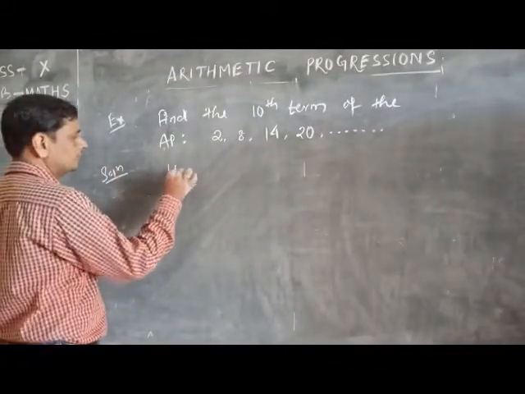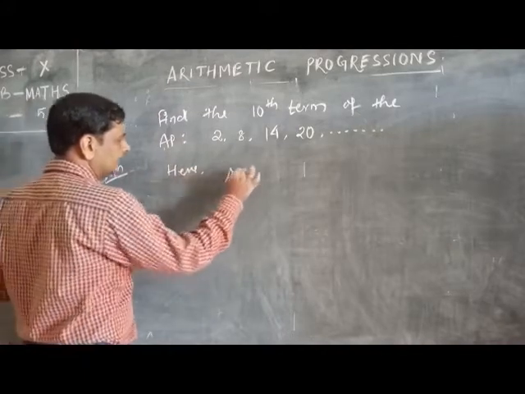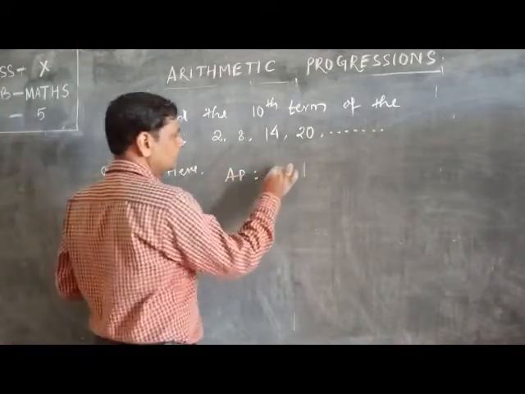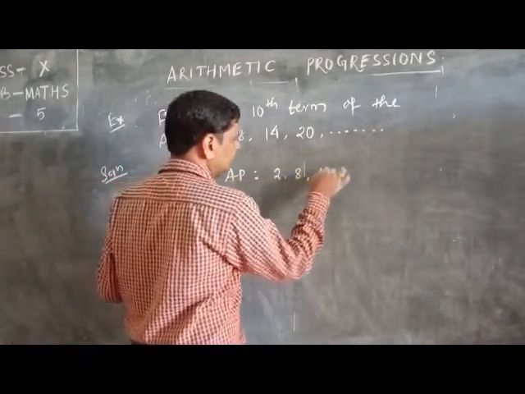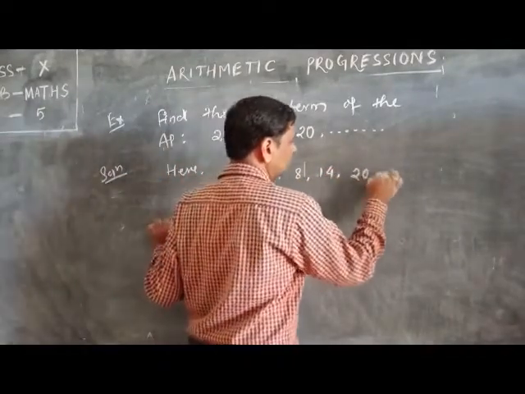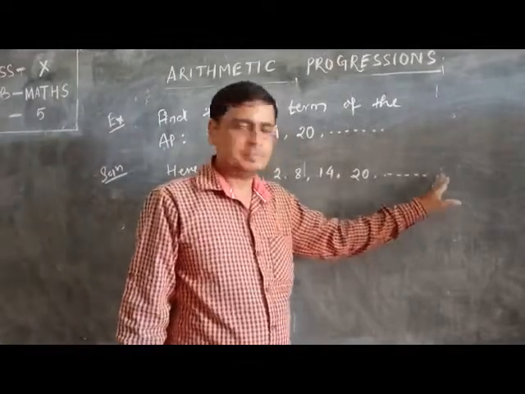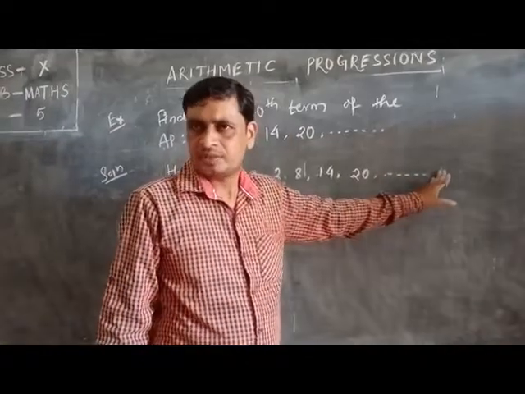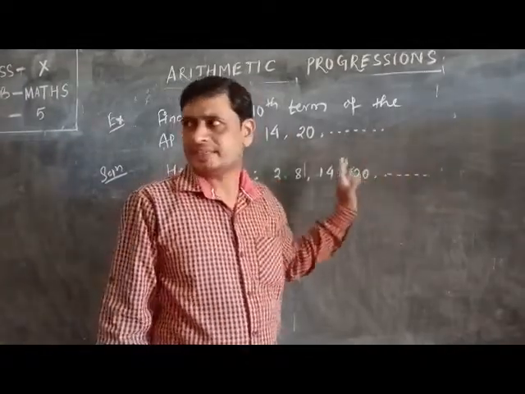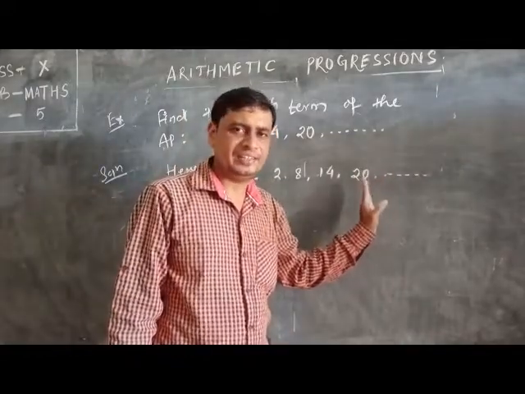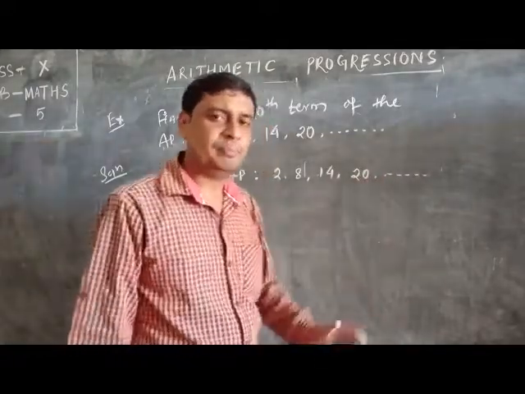Here the AP is given as 2, 8, 14, 20, and since there are dots, we can say this AP is infinite. We will get an infinite number of terms here.